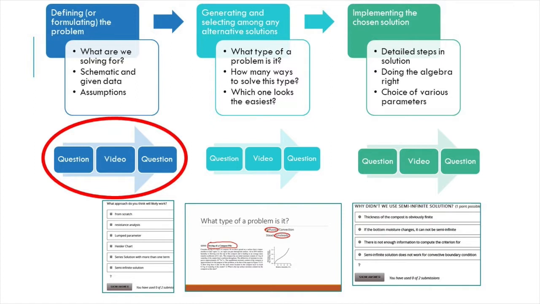And then I have a quiz again that tests their learning. All of these are automated and scalable because they're done in the learning management software. And so these are some of the details here.